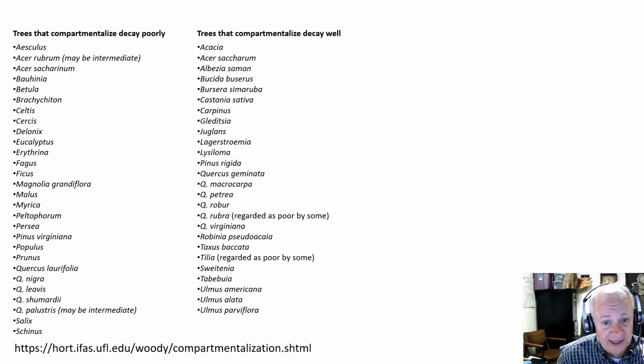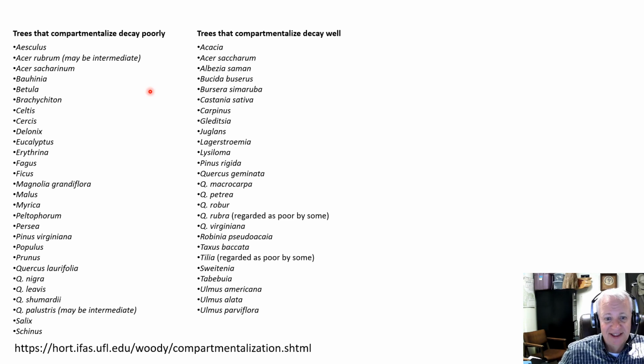As with all things related to physiology and responses, there's genetic variation in how trees respond. And one of the ways that manifests is differences in how well different species compartmentalize decay. So this is a table from an extension document that categorizes some different species, in some cases different genera, in terms of how well they compartmentalize decay.